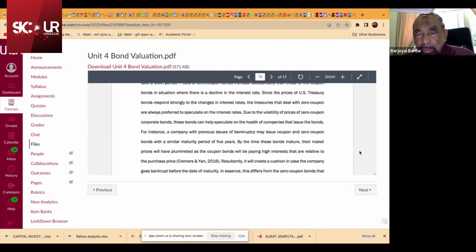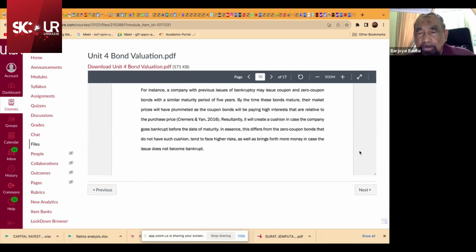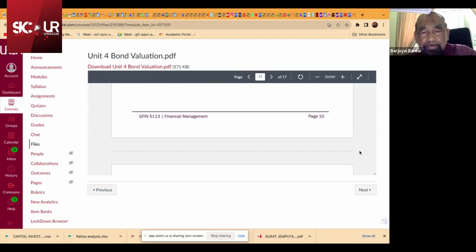So it will create a cushion in case the company goes bankrupt before the date of maturity. In essence, this differs from the coupon bond that does not have such a cushion, tends to face higher risk, as well as brings forth more money in the case that the issuer does not become bankrupt.